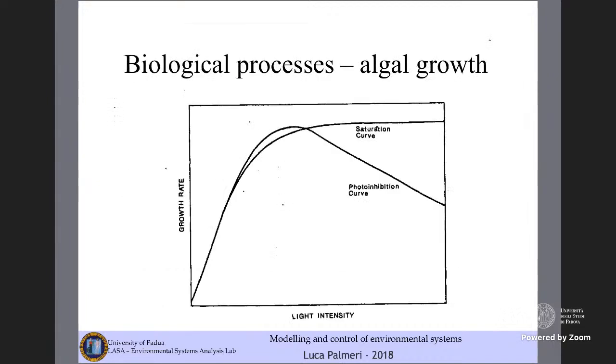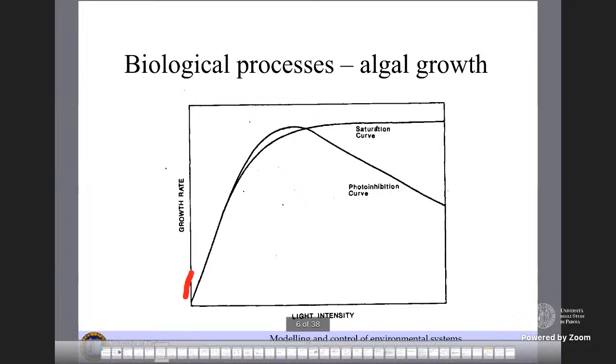These are the two shapes that we obtained by employing these two models. The first one is the saturation. The second one is the Steele optimum formulation. The second type of formulation takes into account a photoinhibition effect. This means that there are some algae or some organisms that are endangered or depowered by the presence of too much light.